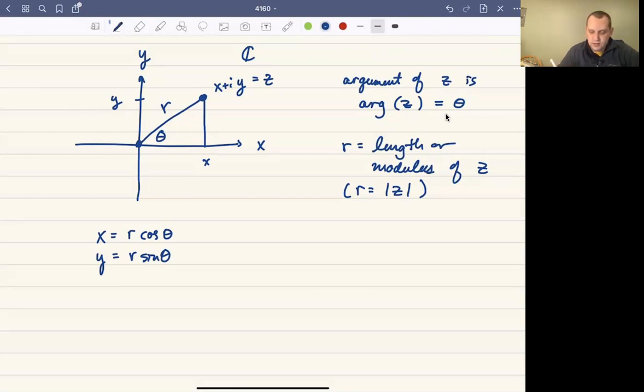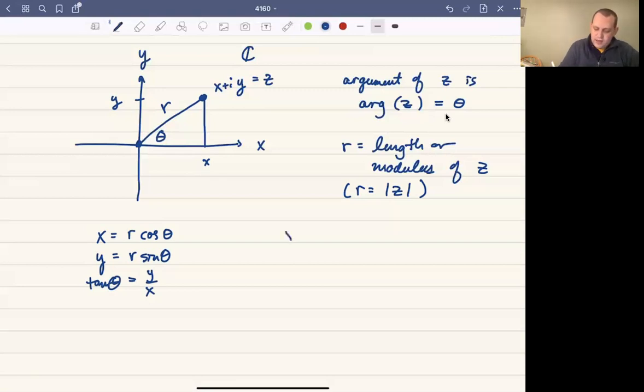The r's cancel, and you end up with tangent of theta is y over x. This is really how we convert back and forth between polar coordinates and the usual Cartesian coordinates, x and y. So that's going to be a really useful idea for us.